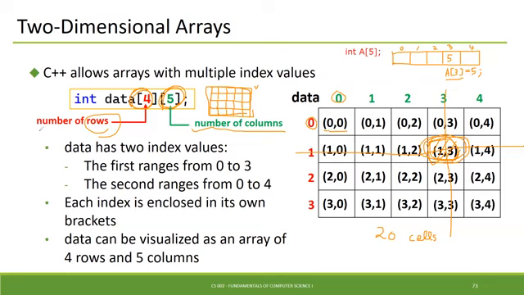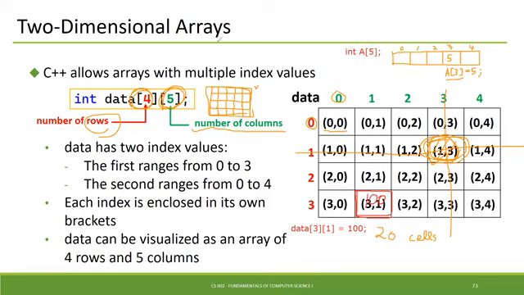After this, if I have data, for example 3, 1, and I want to put 100 at 3, 1, then the computer knows that 3, 1 is this position, the cell of 3, 1. So the computer will put 100 here. This is a two-dimensional array. We can make three-dimensional or four-dimensional arrays, but it is very complicated. But a two-dimensional array is very useful sometimes.